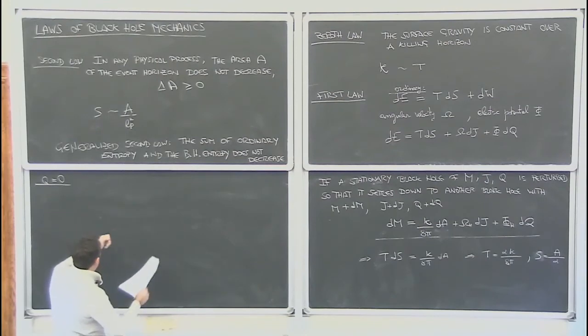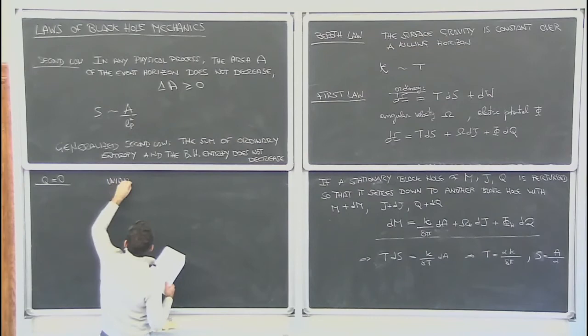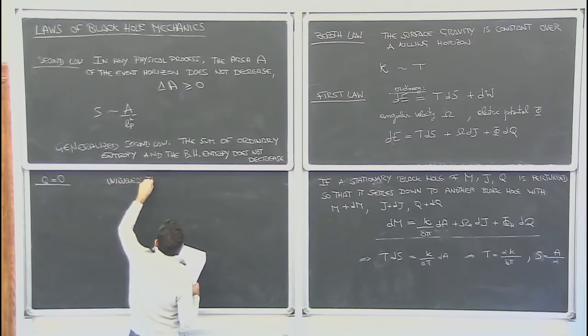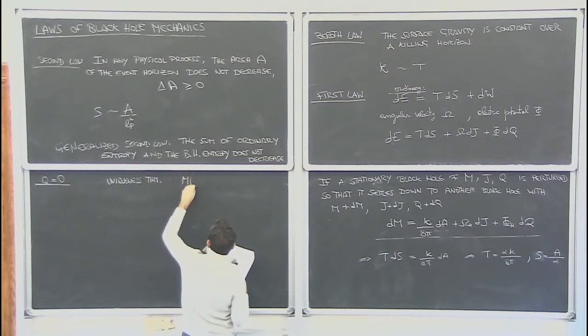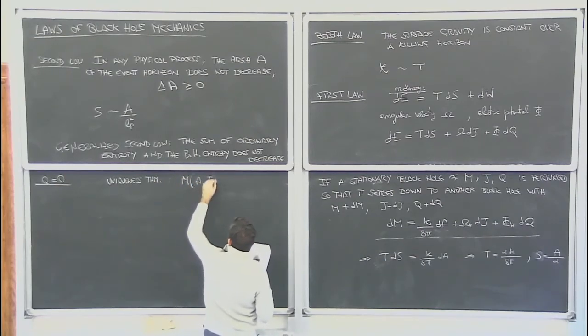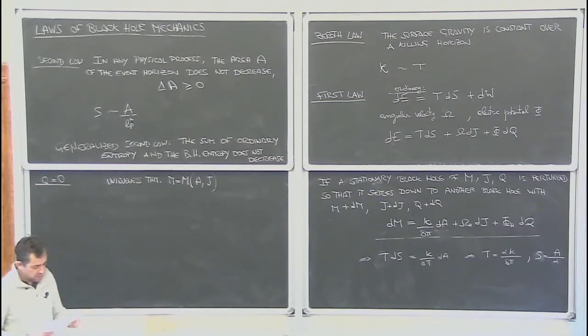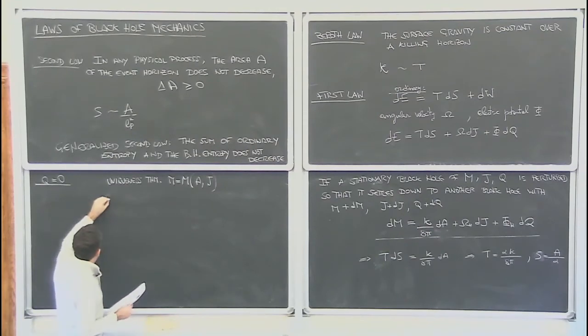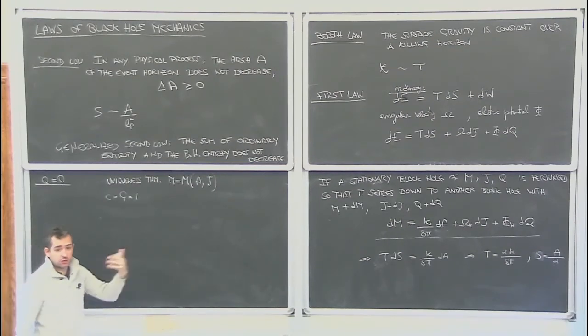So let me state this. So uniqueness theorems say, let me turn it in this way, that M can only be a function of the area and of J. Now in natural units, again we are using natural units, both the area and the angular momentum have the dimension of a mass squared.